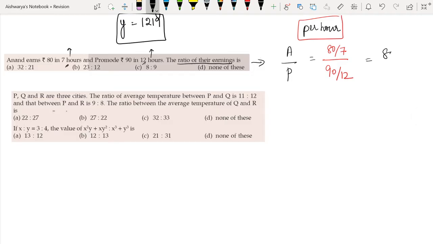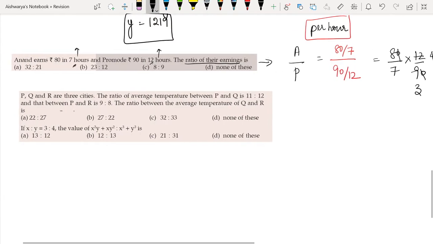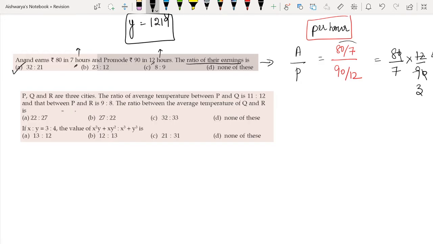After this, the computation is not a big deal. 80 by 7 into 12 by 90. Try to simplify this. Cancel these two terms. 12 and 9 goes 4 times, 90 and 10 goes 3 times. So 8 fours are 32 divided by 21. So the computation part is okay. What is important is for us to understand that this division is very, very important.